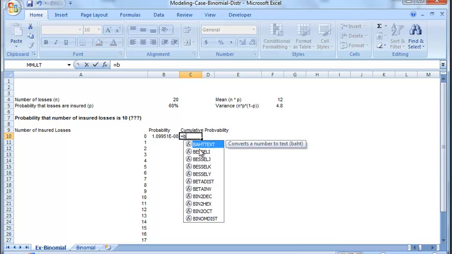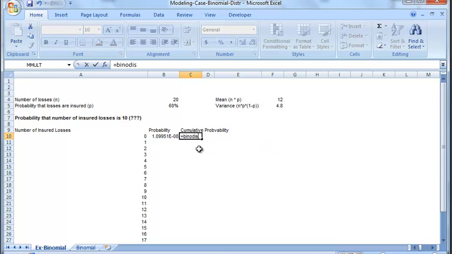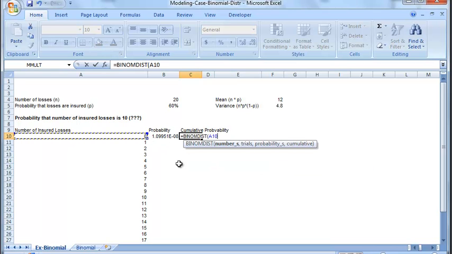We will do the same thing, BINOM.DIST. We have the number, we have the trials, we have the probability.